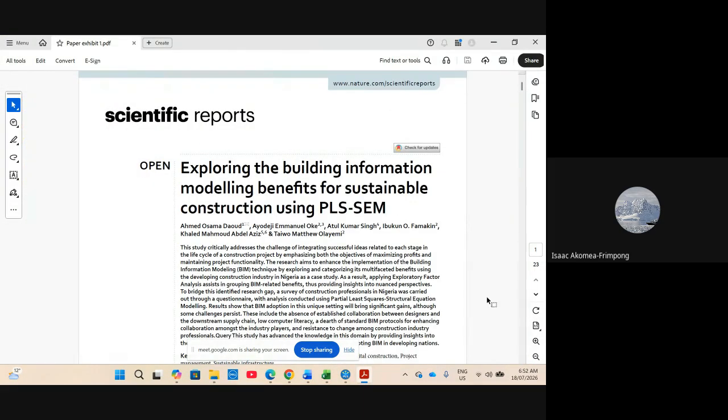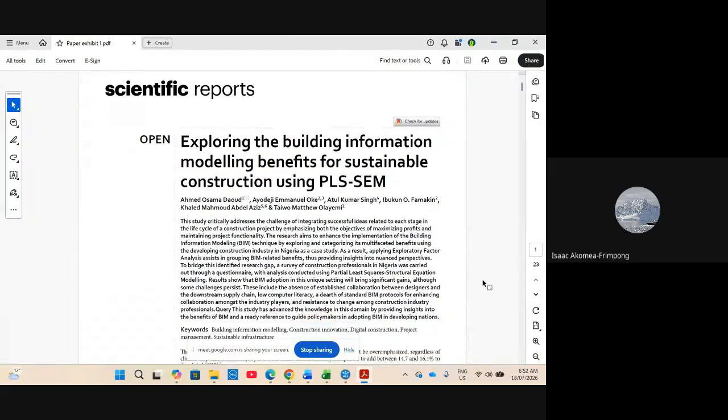Okay, so one way by which you can make your analysis very easy is that you need to always pick 1 or 2 papers or even more to use them as a guide, something to guide you. Why a guide?